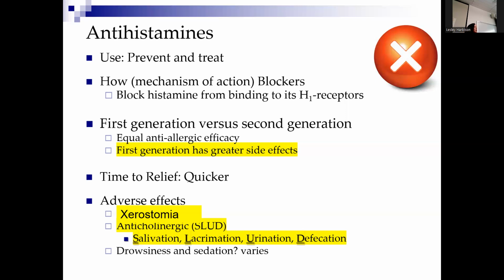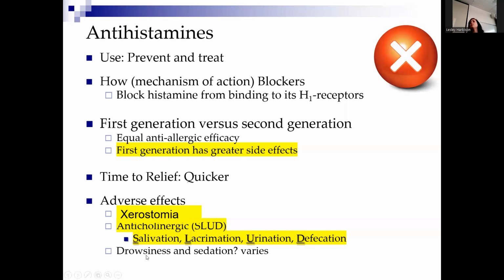In general, if a drug has anticholinergic effects, the result is dry mouth or reduced salivation, reduced lacrimation, so dry eyes, and then reduced urination and defecation. All those four things just go with anticholinergic medications. Build that right into your brain cells, because it's going to come up with other medications throughout this whole course.